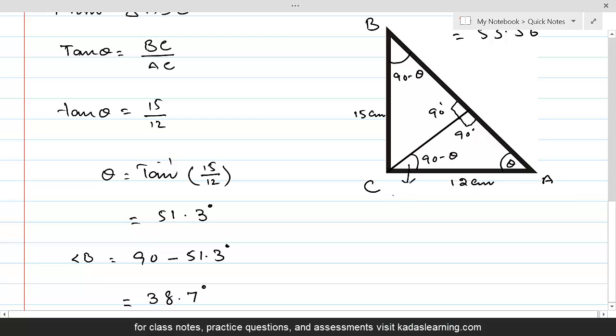So this is 38.7 degrees, and here this angle is 38.7 degrees.